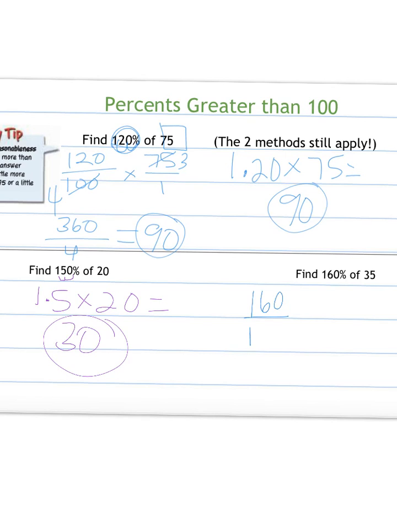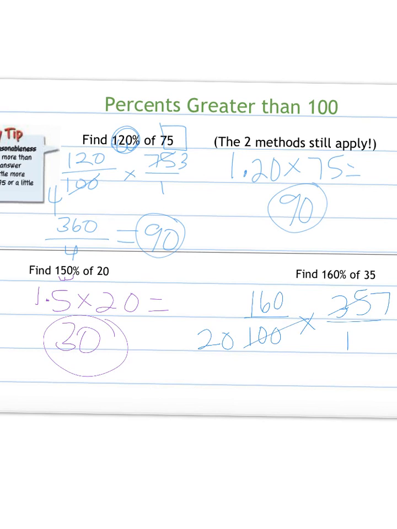160 as a fraction would be 160 over 100, because any percent is out of 100, times 35 over 1. Both can be divided by 5. 100 divided by 5 is 20. 35 divided by 5 is 7.